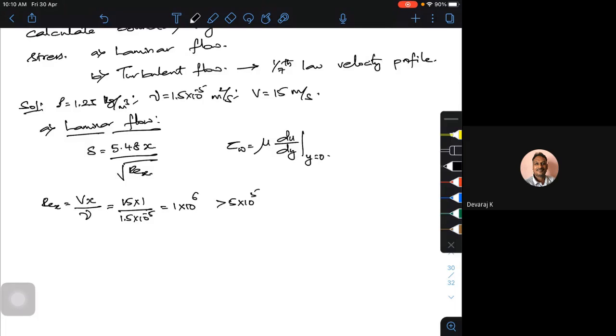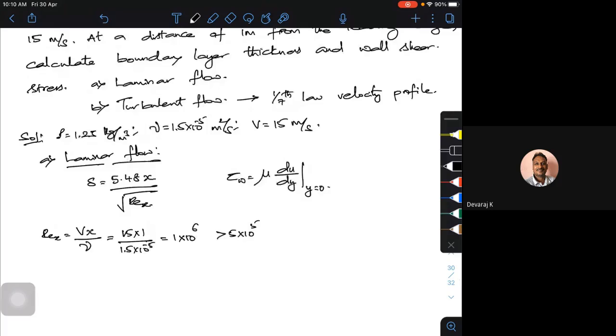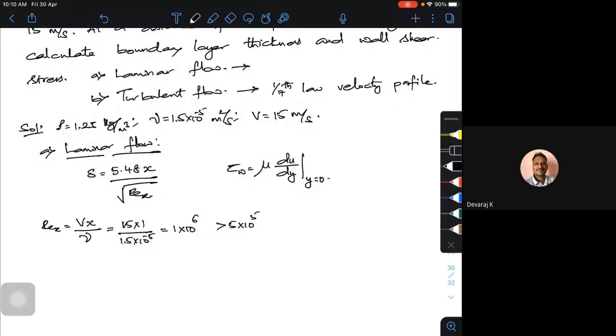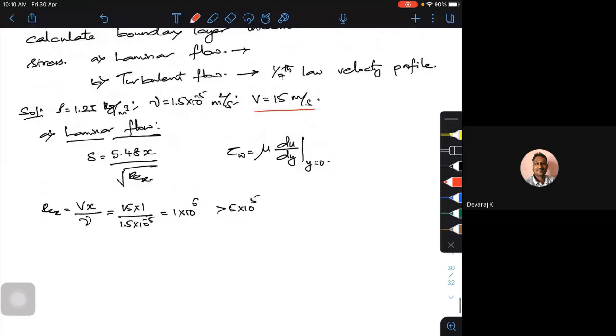Now, if I want it to be a laminar flow, there should be a drop in my velocity or any of the fluid properties. The best possible thing is to assume a Reynolds number less than 5 into 10 to the power of 5.